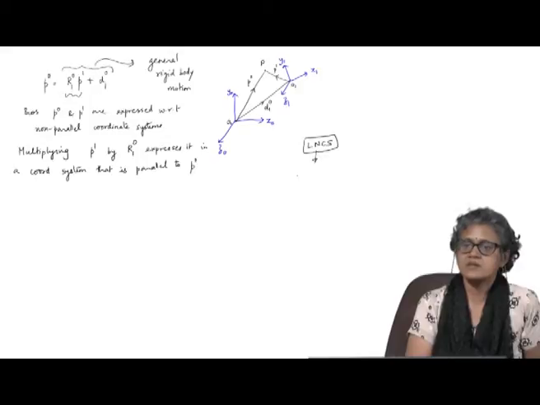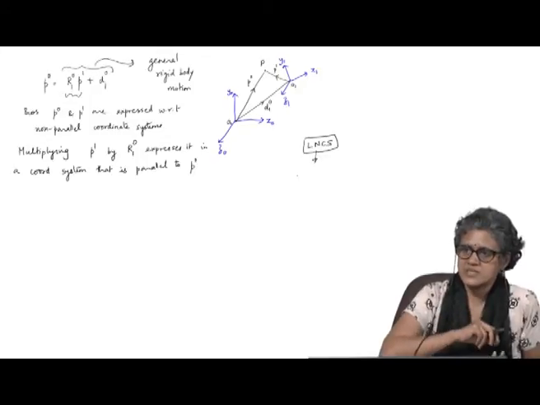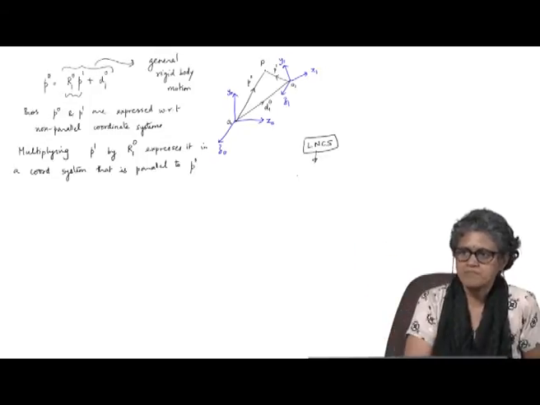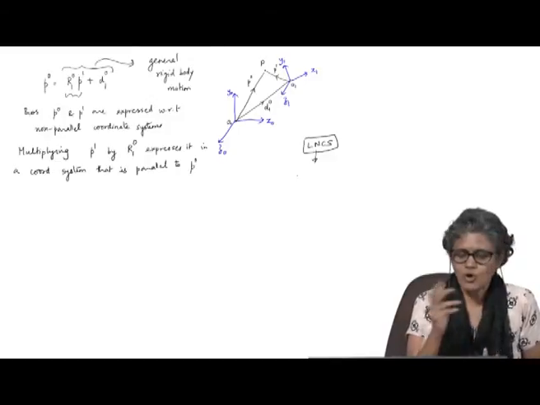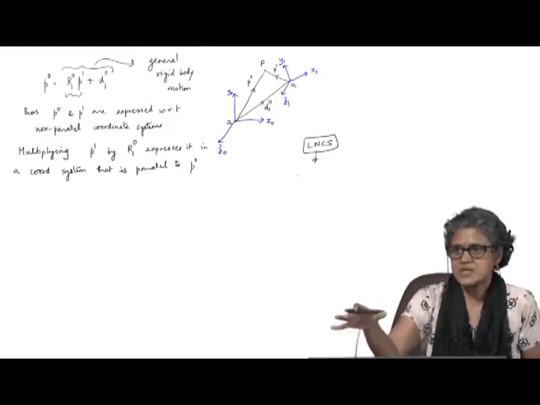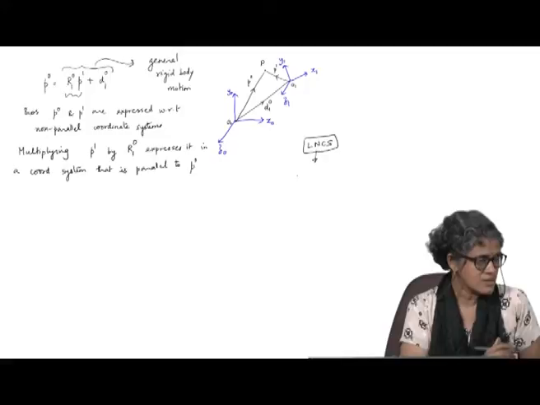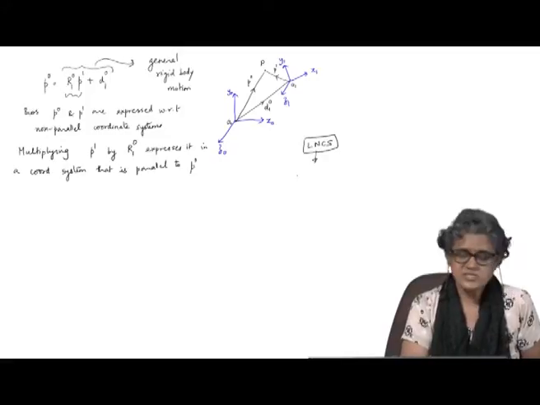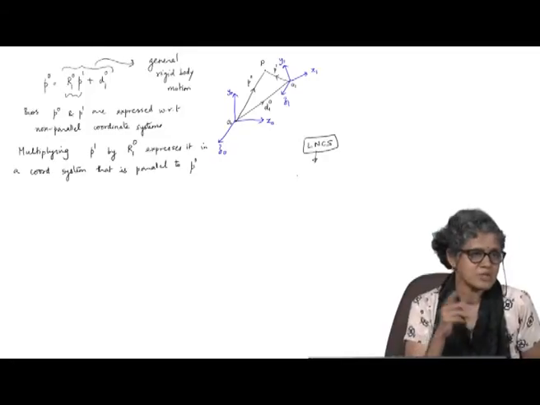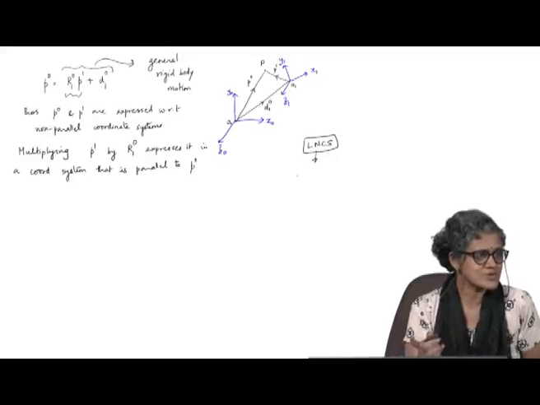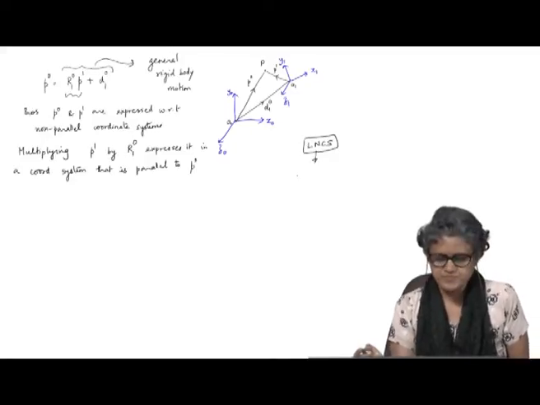A general rigid body motion can be represented as a translation followed by a rotation, or you can do the rotation first and then do the translation. As long as they are both with respect to the same frame, the order in which you do the translation and rotation does not matter.